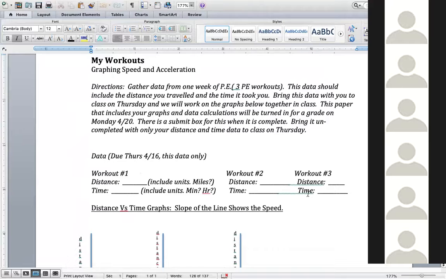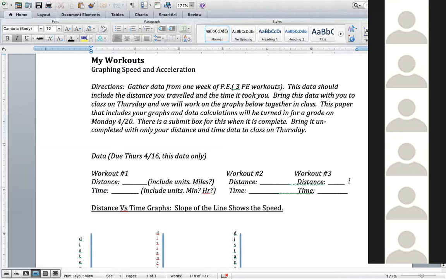You've got your data for your distance and your time, and you want to include your units. Is your distance in miles? Is your time in minutes or hours? Whatever units you're using, we want to be consistent throughout. If you use miles for distance, use it for all 3 workouts, and maybe time might be in hours.